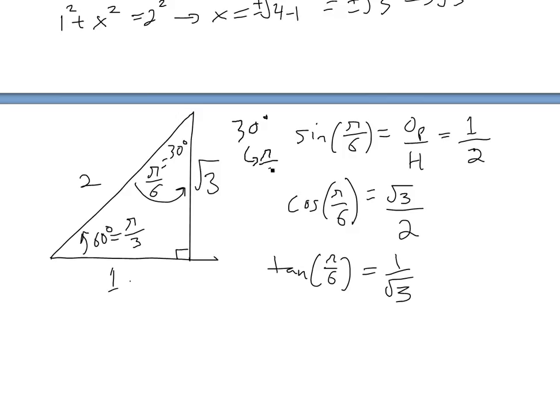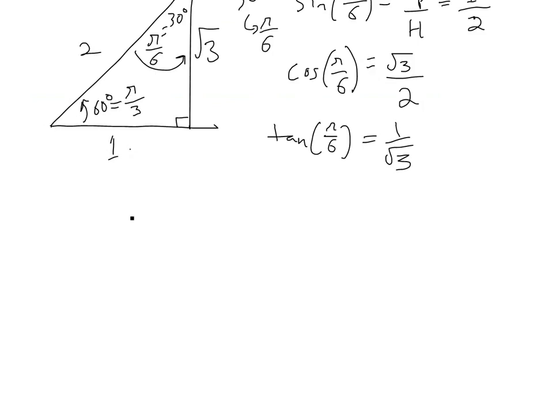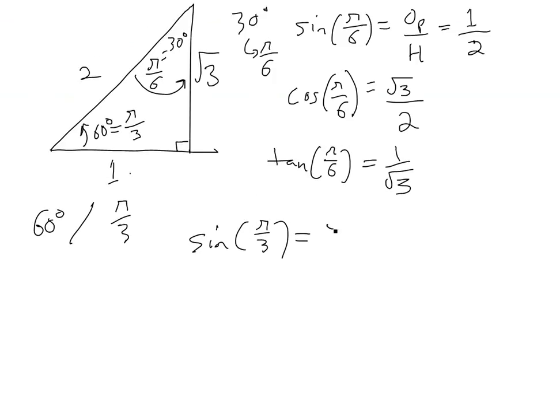Or pi over 6. Now if we look at 60 degrees as the reference angle, or pi over 3, sine of pi over 3 equals opposite over hypotenuse, root 3 over 2.